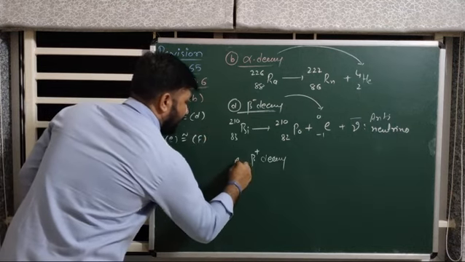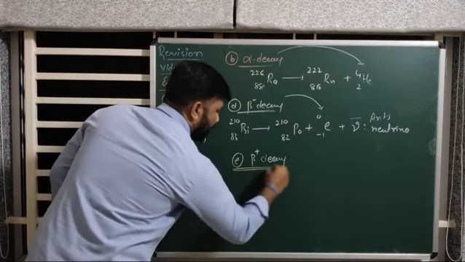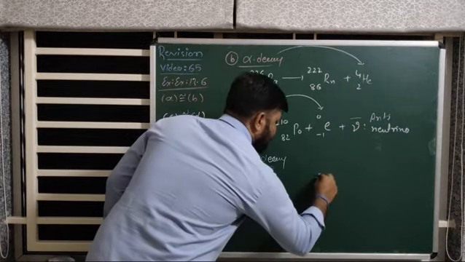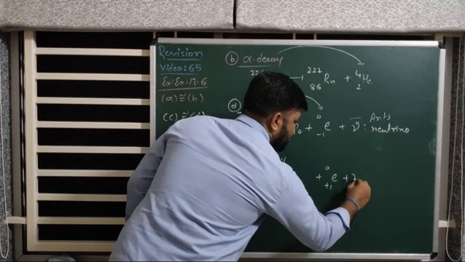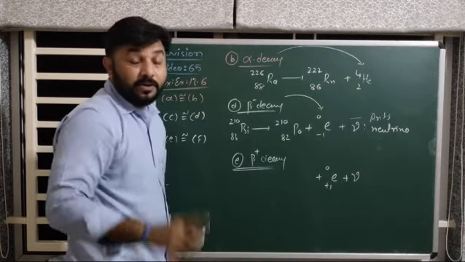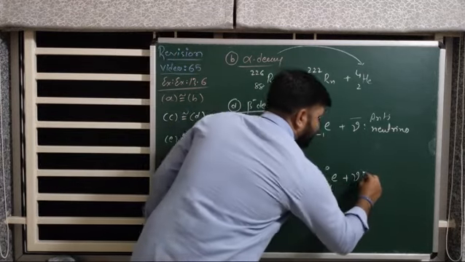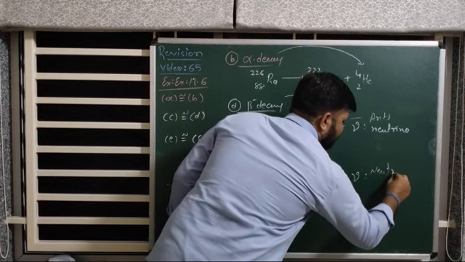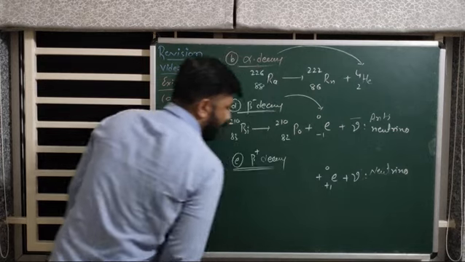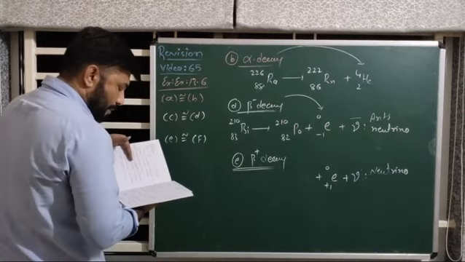So here we are taking E. It is of beta plus. Beta plus means e plus 1, 0 plus chargeless, massless, non-reactive element, and this is known as neutrino.